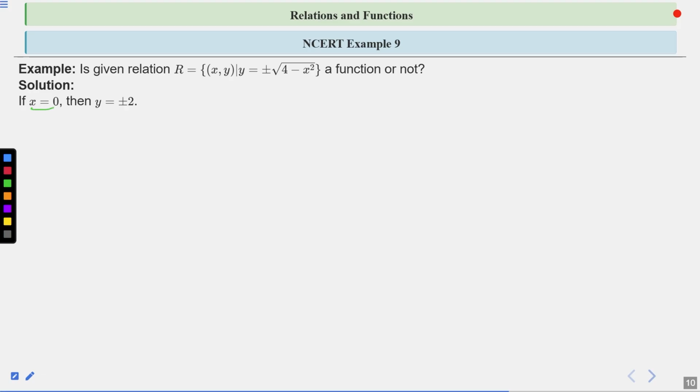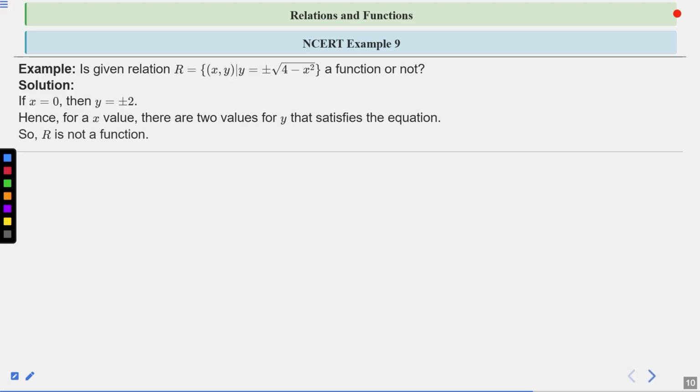If you observe, for x = 0, y will be plus minus 2. Meaning for an x value, there are two values for y that satisfy the equation. So R is not a function because you will have an element from the domain set which is associated to more than one element. So not a function.